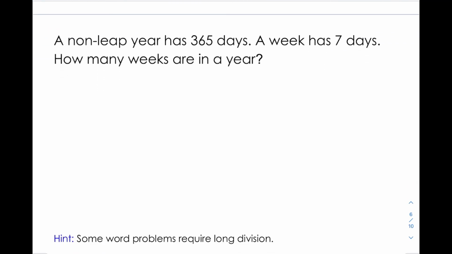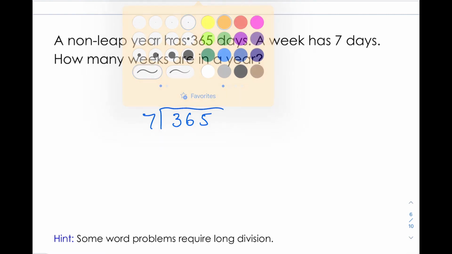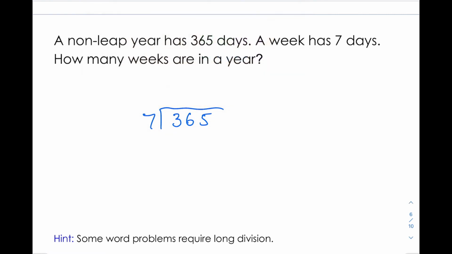Speaking of long division, this question will require us to use it. In a non-leap year, or a non-leap year is 365 days, a week has 7 days. How many weeks are in a year? So you probably guessed that we are going to divide 365 by 7. We can't do 3 divided by 7, so let's try 36 divided by 7.